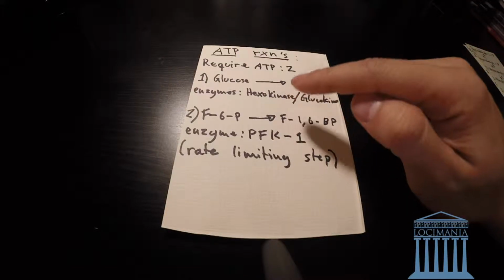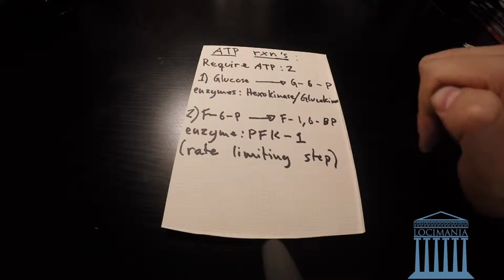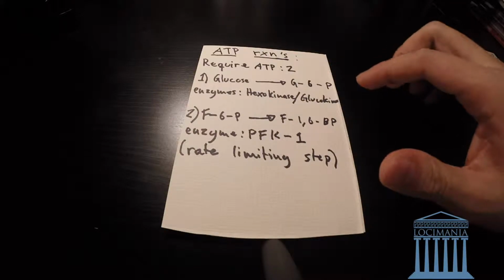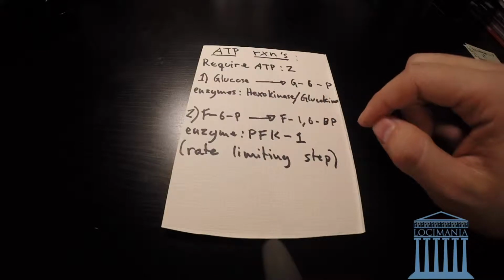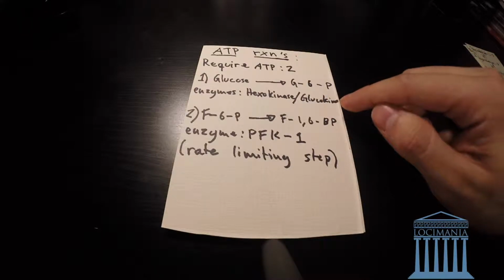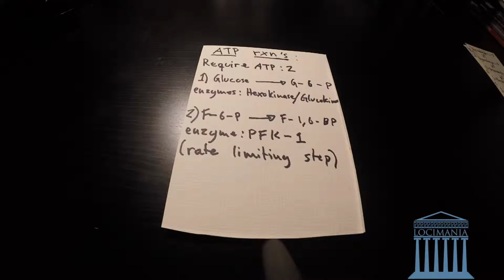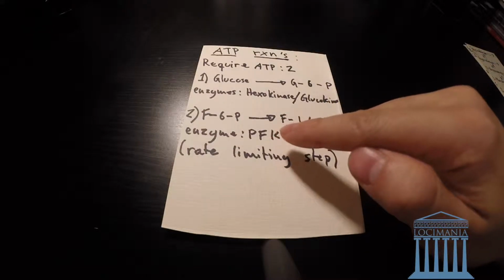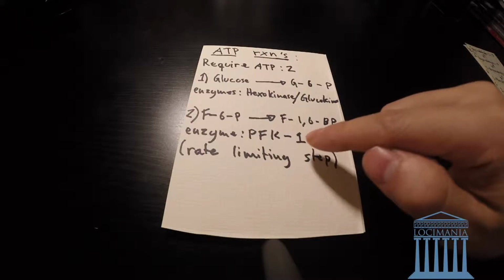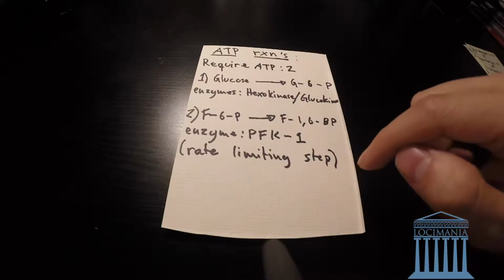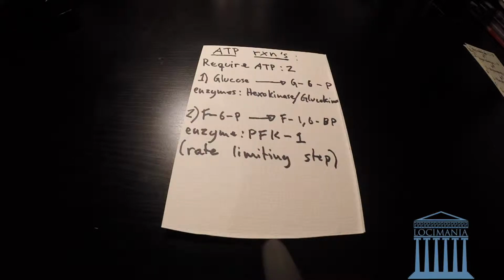The enzymes here are hexokinase or glucokinase, depending on what metabolic state your body is in. Please watch that video, where I explain further about hexokinase and glucokinase. The second one is from fructose 6-phosphate to fructose 1,6-bisphosphate. The enzyme there is PFK1, which is the rate limiting step of the glycolysis.